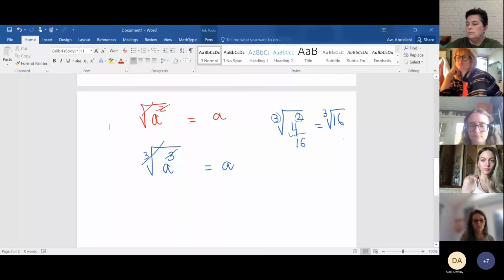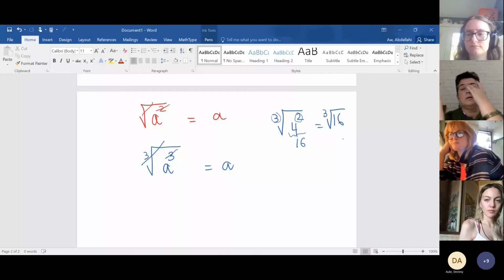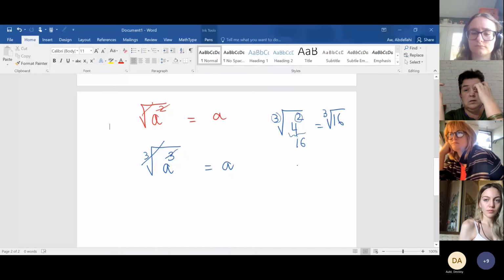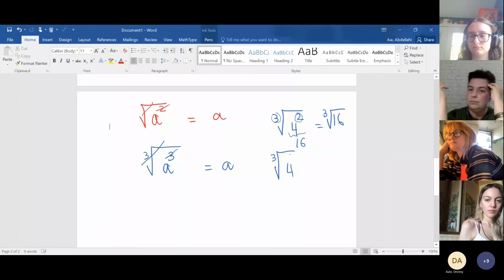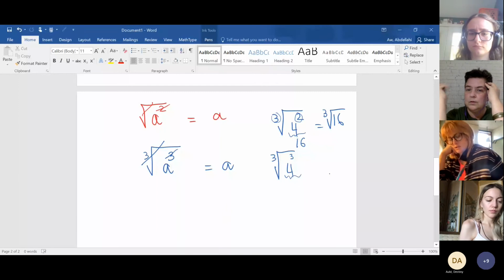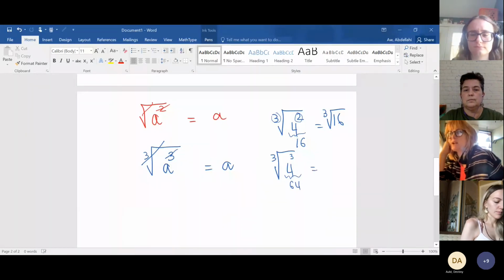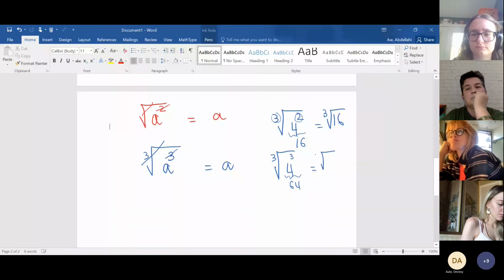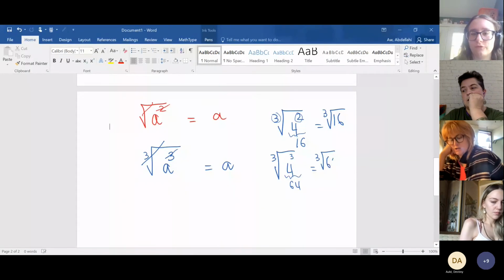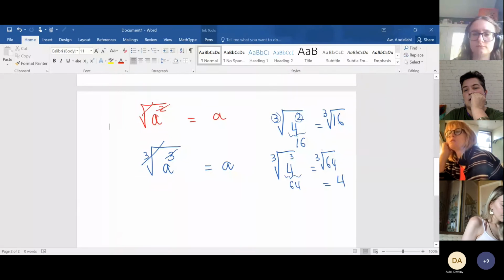Now make them match. The cube root of 4 cubed. What is 4 cubed? 4 times 4 times 4, 3 times. How much is that? 64. What is the cube root of 64? 4. You see? So instead of passing through this step, you can just cancel them out.